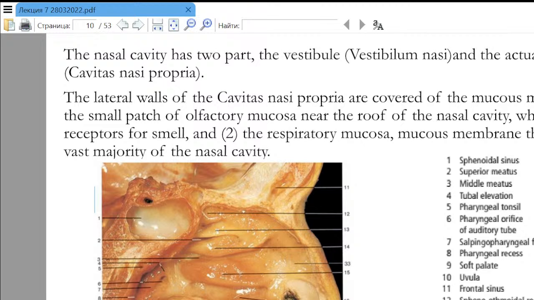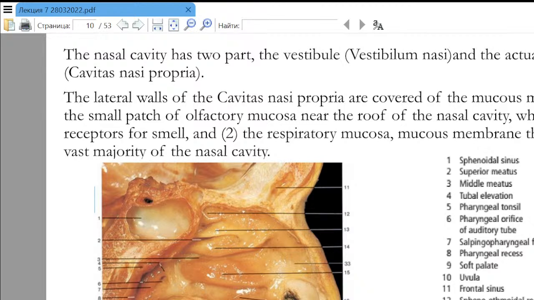The lateral walls of the cavitas nasi propria are covered by mucous membrane, with a small patch of olfactory mucosa near the roof of the nasal cavity, which houses the receptors for smell.